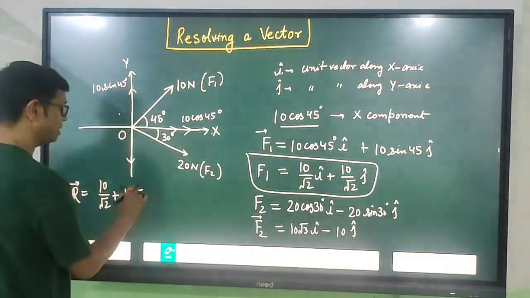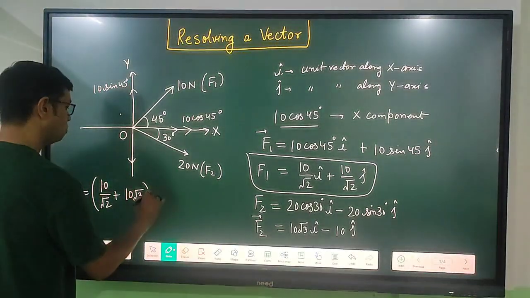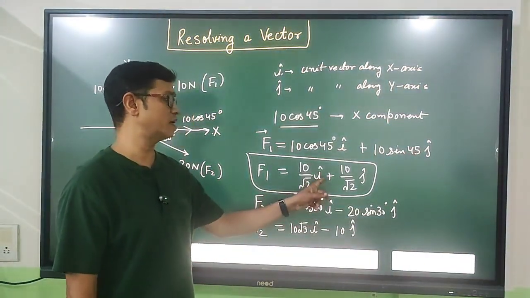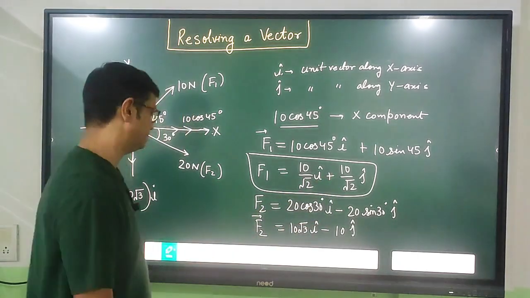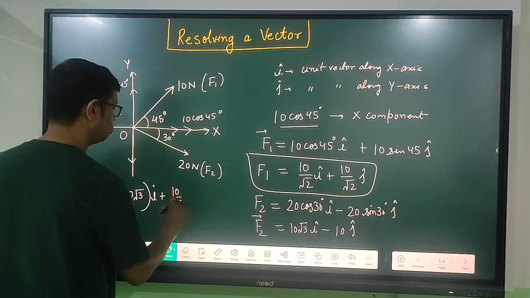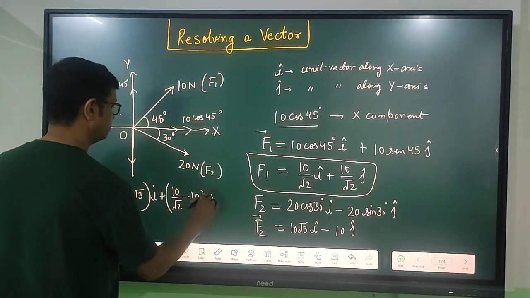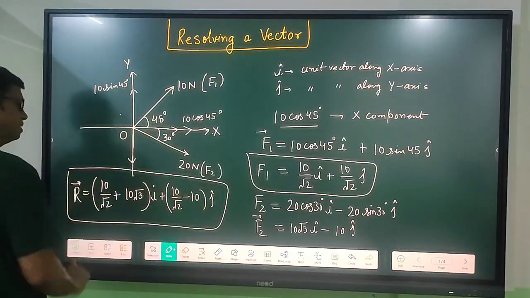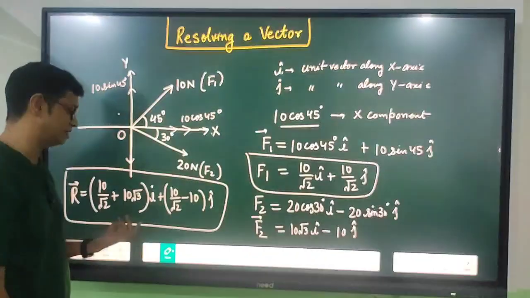These are the i components. So you will write i cap. Now here this is plus, this is minus, so this will become 10 root 2 minus 10 times j cap. So this becomes your resultant. As simple as that, right?